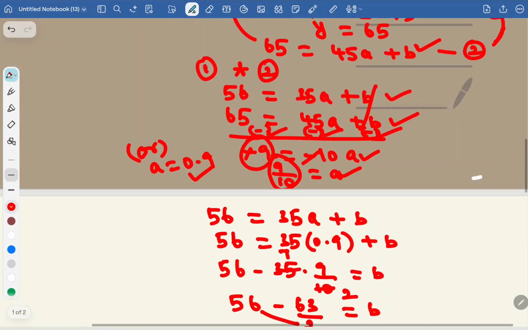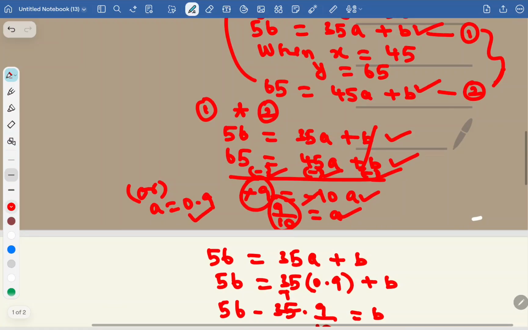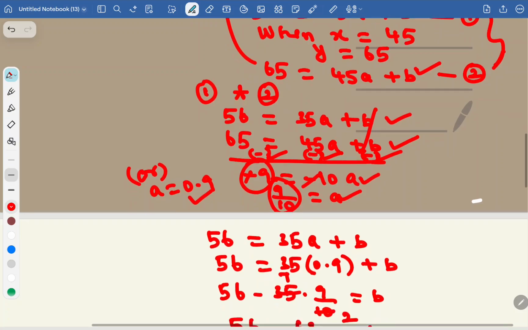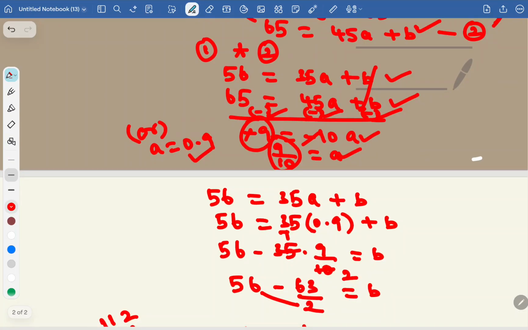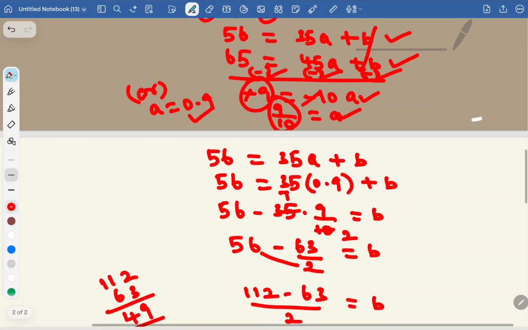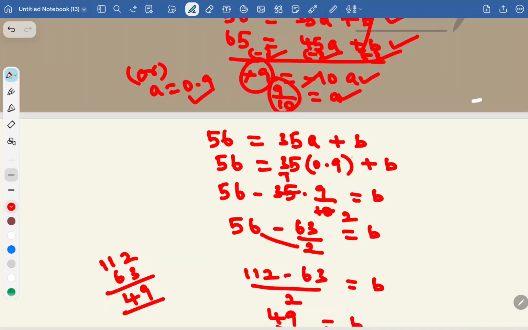Now I am going to find the value for b. Substitute the value for a in either 1 or 2. I am substituting the value for a in 1. 56 equal to 35a plus b. 56 equal to 35 into 0.9 plus b. 56 minus 35 into 9 by 10 is equal to b. 5 7s are 35, 5 2s are 10. 56 minus 63 by 2 is equivalent to b.